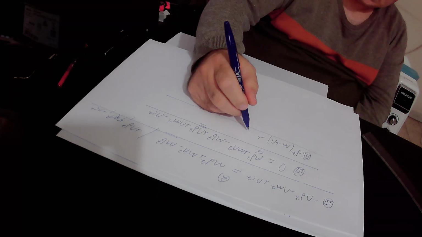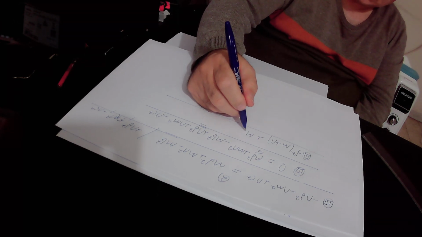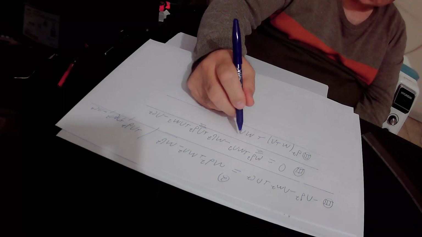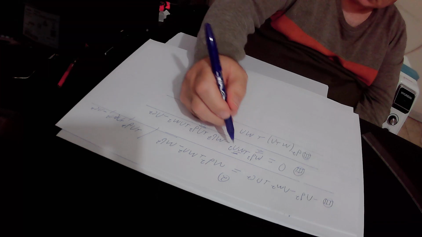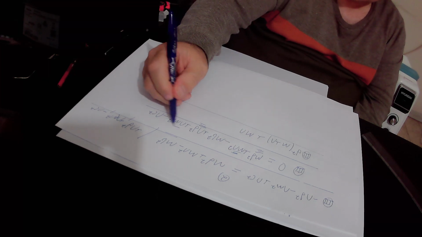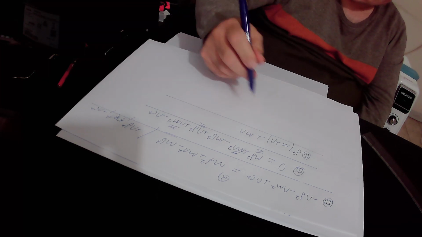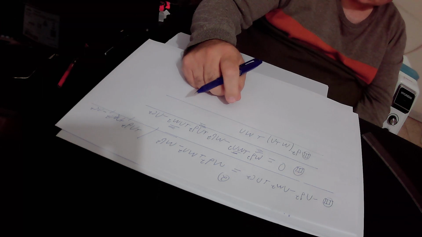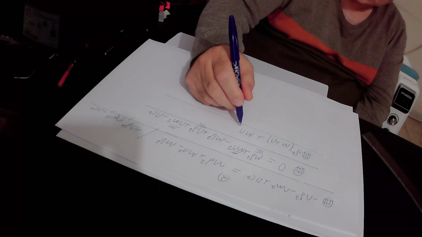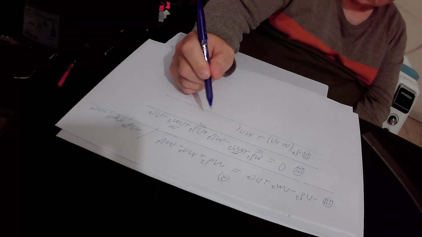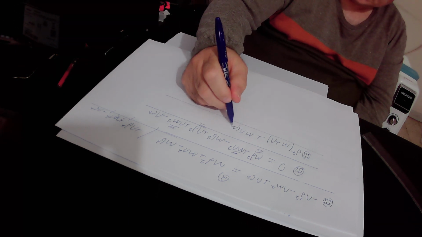Plus we take out mn as a common factor from this expression and from this expression. According to what we already did in the first method, here inside the brackets we will have m plus n.